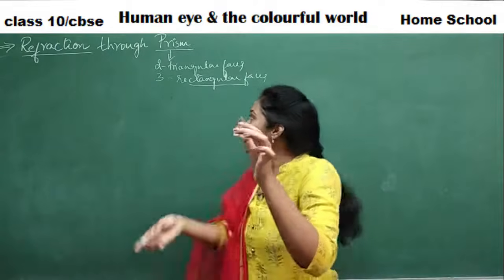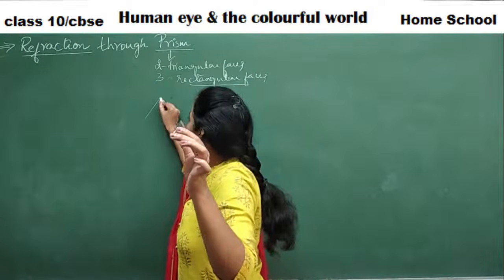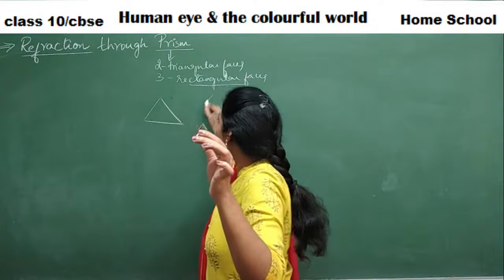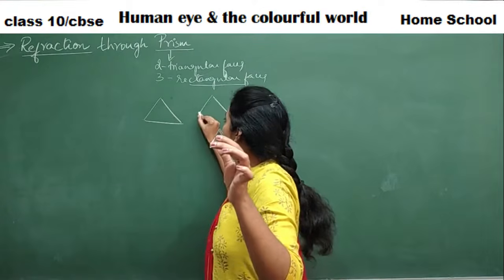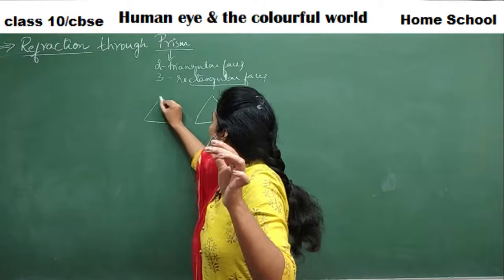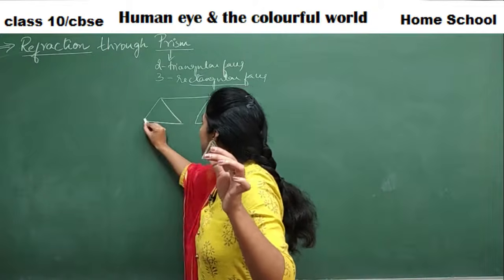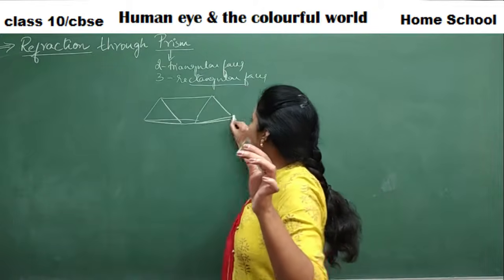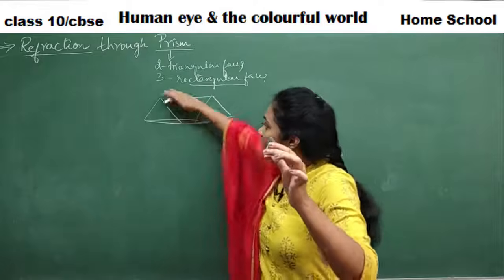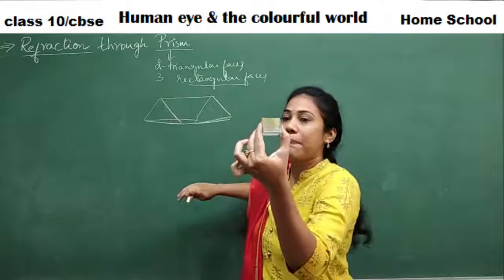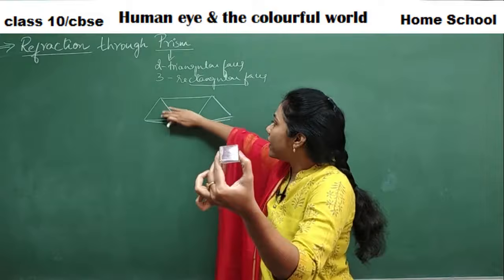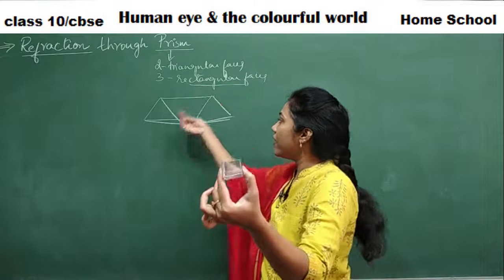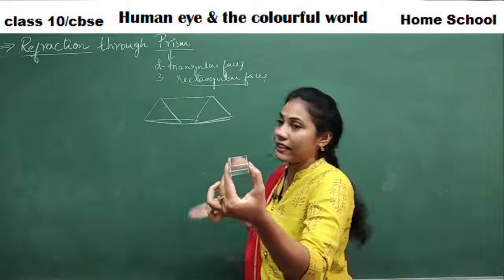If I have to draw the prism, I can draw something like this. Say two triangular faces are there, and let me join this part to this part and this part to this part. So this is the lateral face of the prism. This is one rectangular face, backside one rectangular face, bottom one rectangular face.